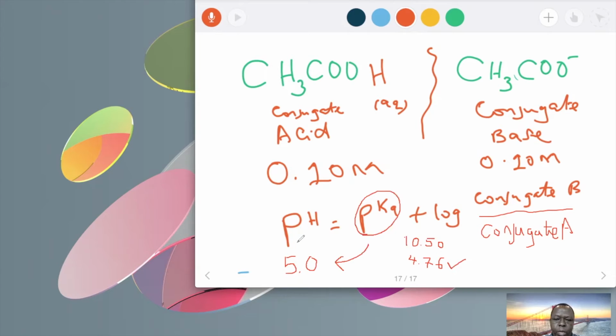That's the criteria by which you select the weak acid you need to prepare your solution.